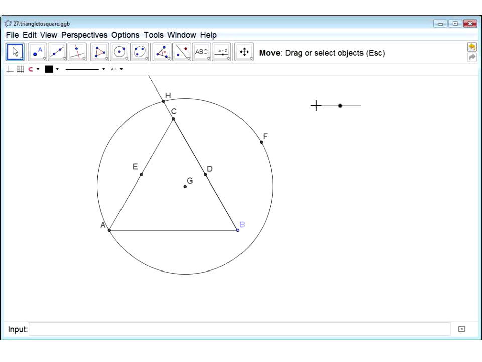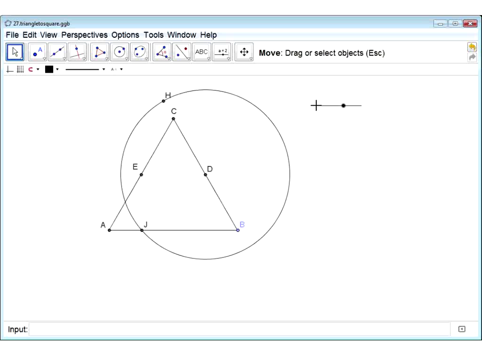So we extend side BC so it meets that circle at H. And I haven't put the instruction here, but this is a circle centered on D through H, and it meets the bottom edge AB at J. Connect JD. That's going to be one of the 4.